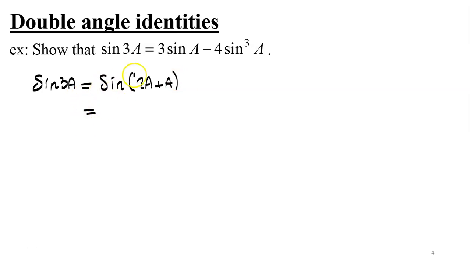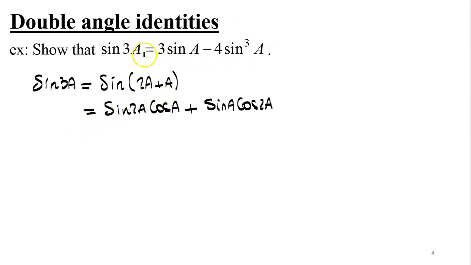That's sine 2a cosine a plus sine a cosine 2a, according to the compound angle identity of sine.